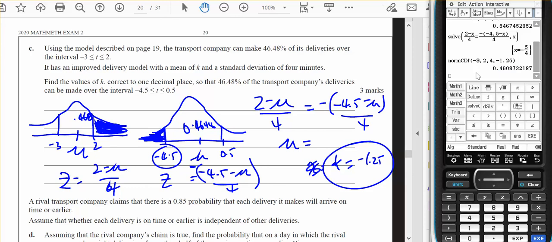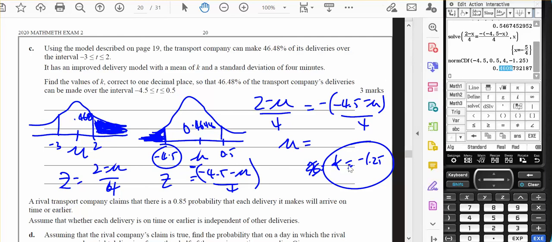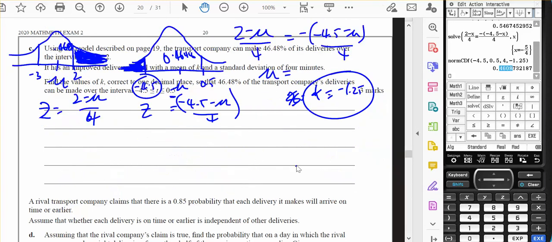And if I went from negative 4.5 through to negative 0.5, I also got the same probability. So that's correct.